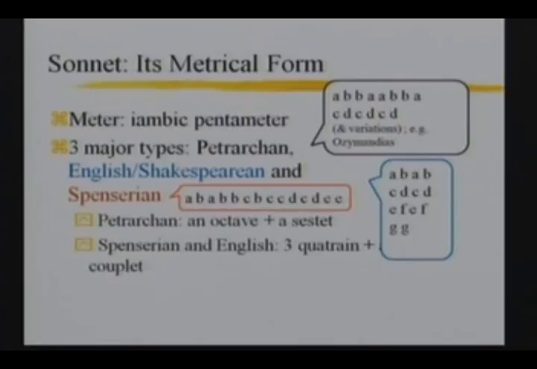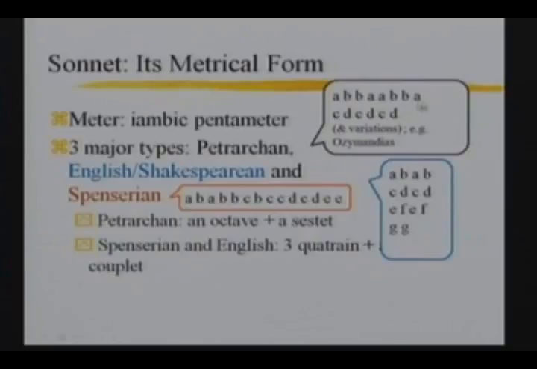And then when the sonnet is introduced to England, Shakespeare was the one to revise it. And it is said that, I don't know Italian, but it is said that there are not as many sounds in Italian language as there are in English.